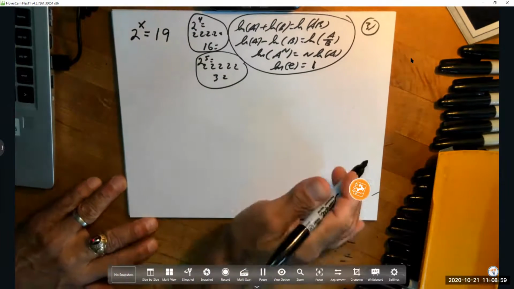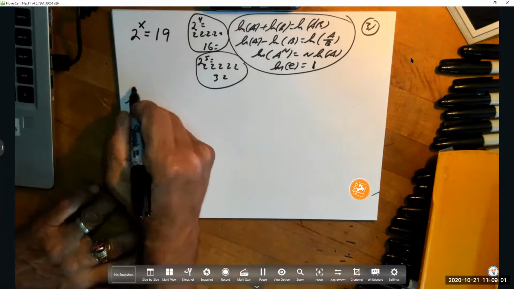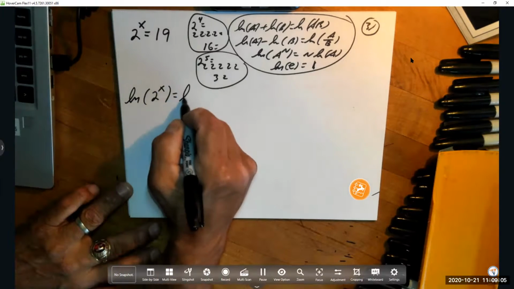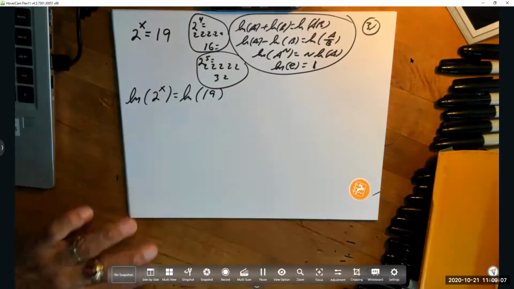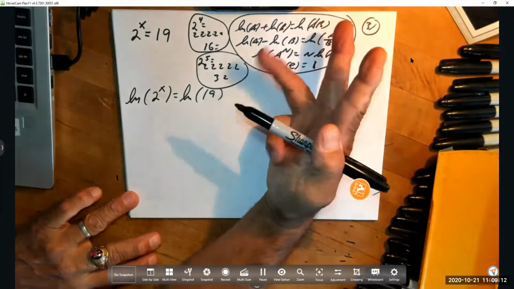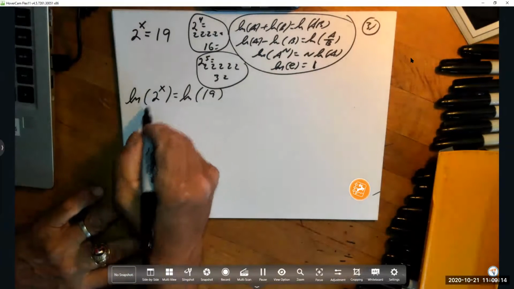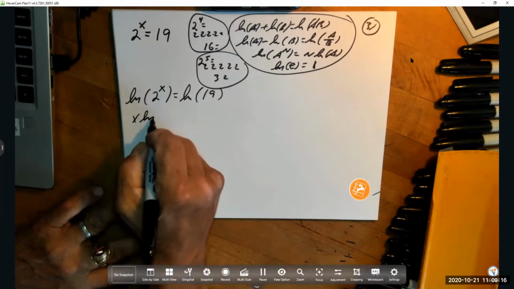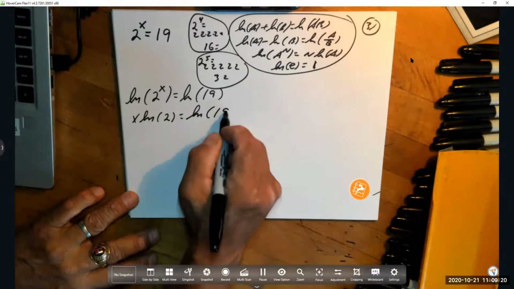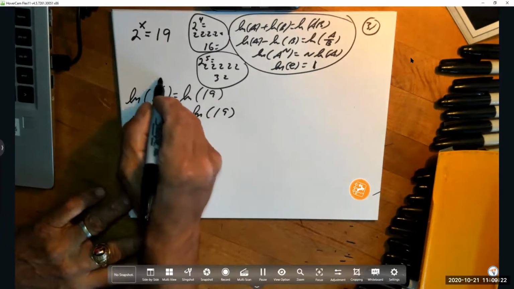So this is what we're going to do. You're going to do ln of the left side and ln of the right side. Step 1. I'm using this one here, number 3. The x power can go to the front. ln 19. So all I did is I put the power in the front.